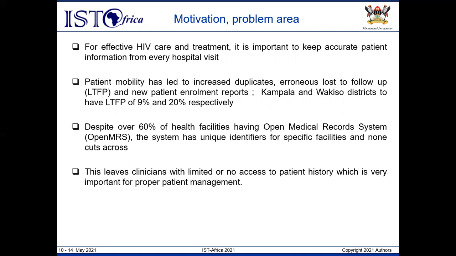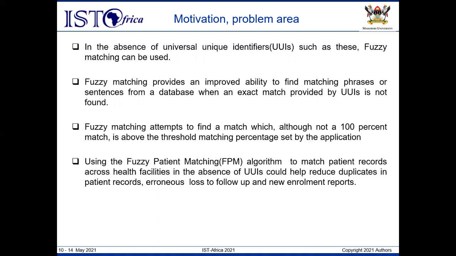OpenMRS is a medical record system used for capturing patient records in the HIV care setting. This leaves clinicians with limited or no access to patient history, yet it is very important for proper patient management. In the absence of such unique identifiers, fuzzy matching can be used.